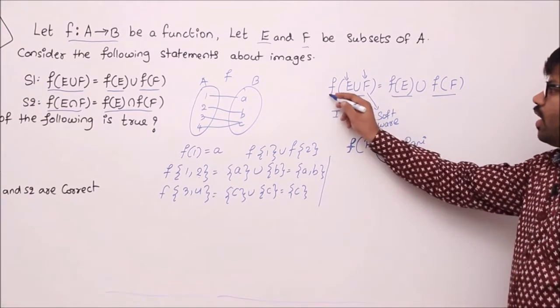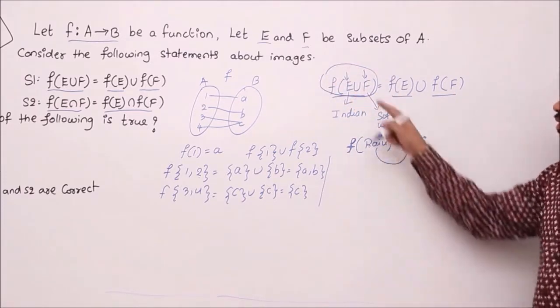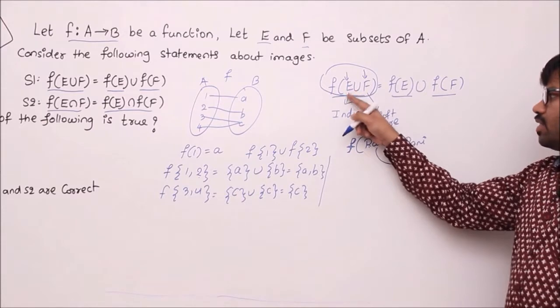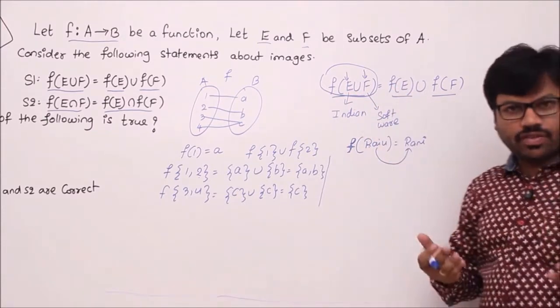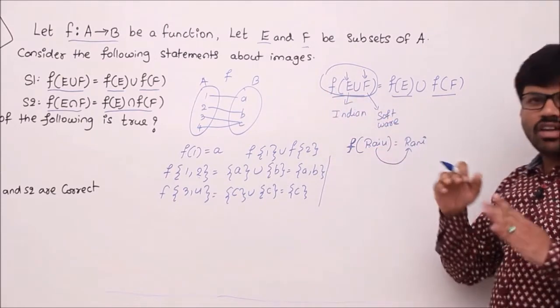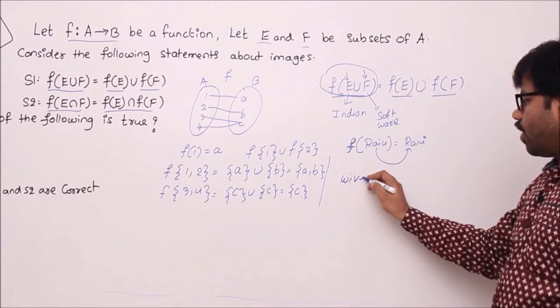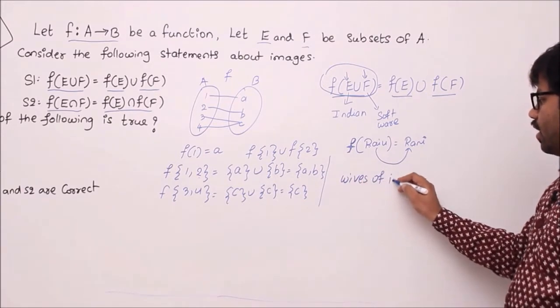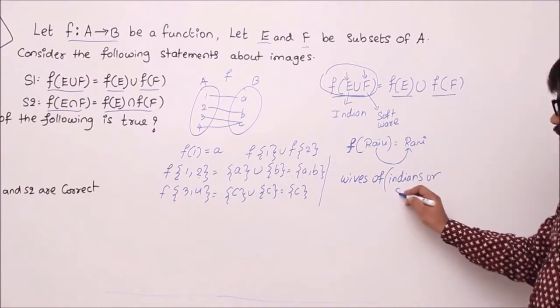Now what is the meaning of f of E union F? E union F is Indians or software engineers, so f of E union F is nothing but wives of Indians or software engineers. Let's write it: all the wives of the set called Indians or software engineers.